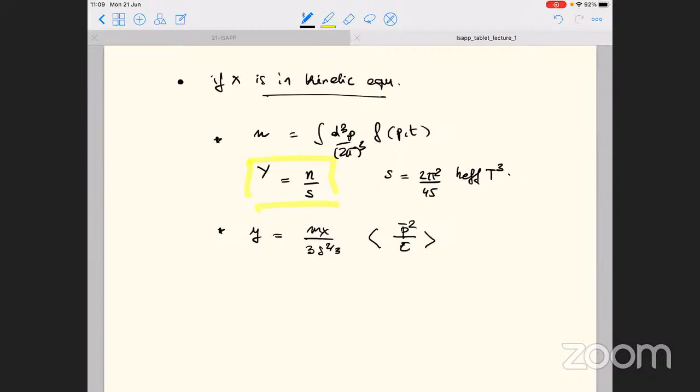If you go to the non-relativistic case, you can take out m chi divided by s to the power 2/3, times 2 divided by 3, p squared over 2m, which might remind you of a notion of temperature.